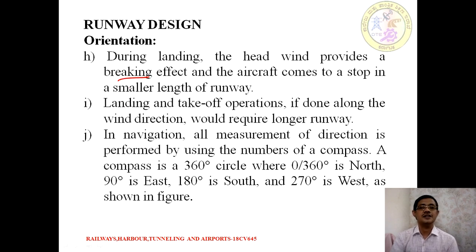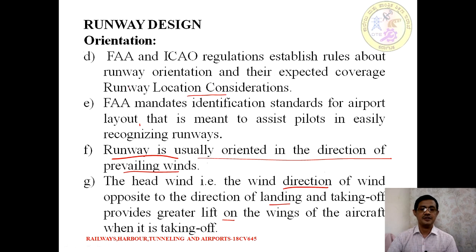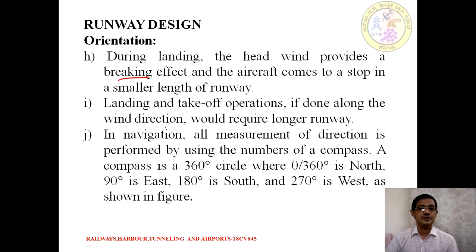That is why we orient the runway so that landing requires a shorter length of runway. For ease of landing and takeoff, the runway is always oriented in the prevailing direction of the wind.